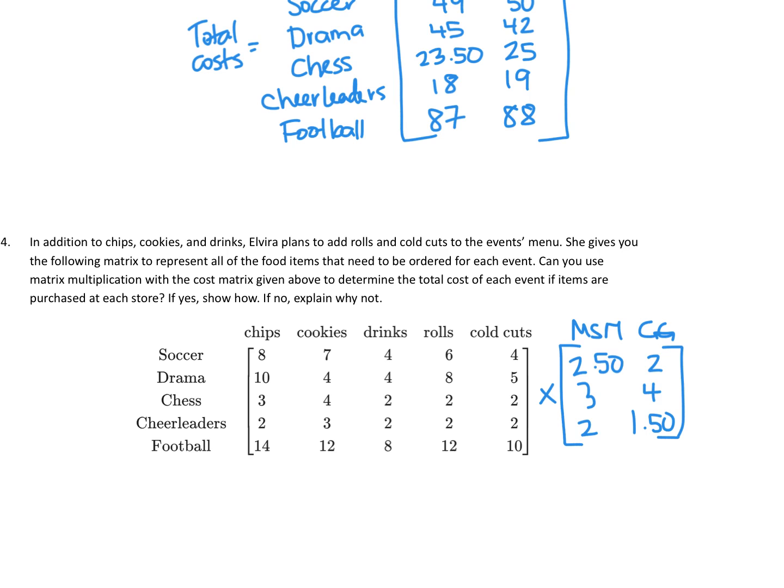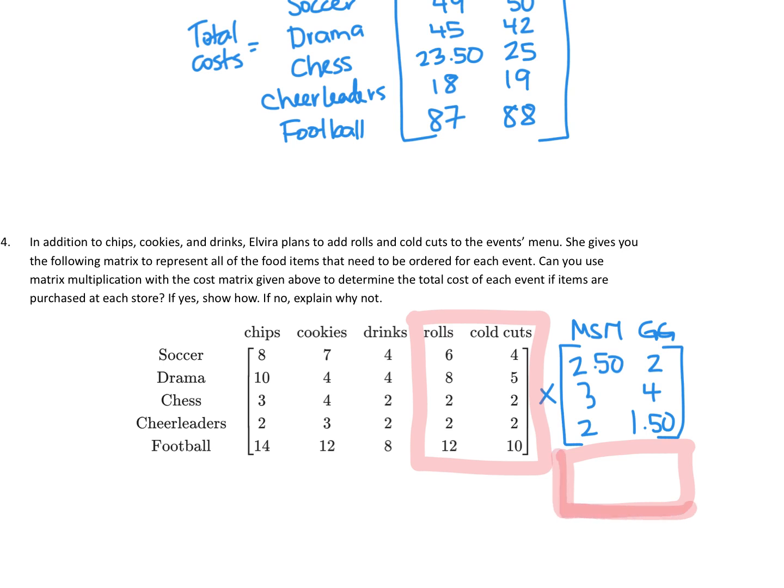So I think with this one we cannot do it, and I'll tell you why. Do you see how she added 2 new items there? But we do not have the cost information at Main Street Market and Grandpa's Grocery. That information would show up down here in our cost matrix.